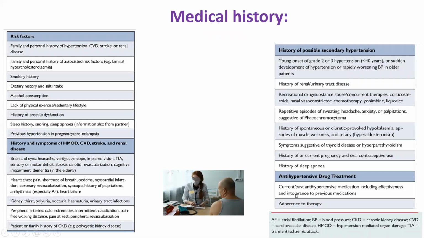Of course, before objective examination, we carefully ask about medical history. We gather information about risk factors of patients, such as hereditary and family history, smoking, increased salt intake, alcohol consumption, sedentary lifestyle, history of erectile dysfunction, sleep history, previous hypertension in pregnancy.